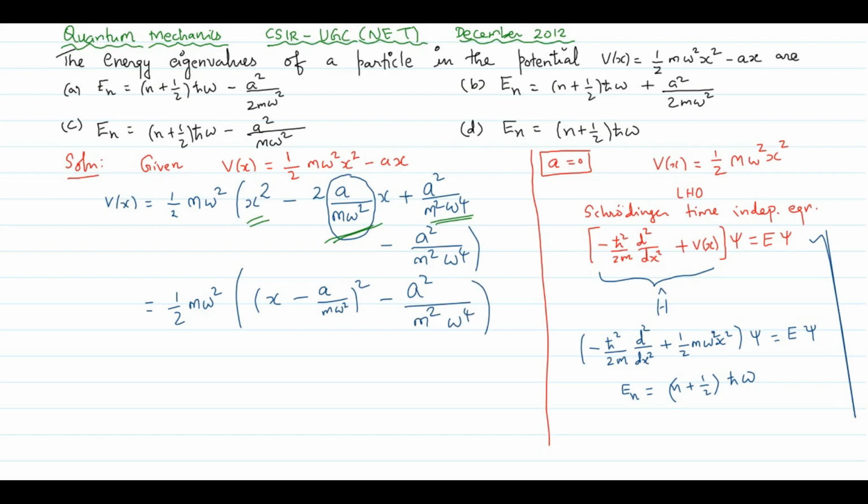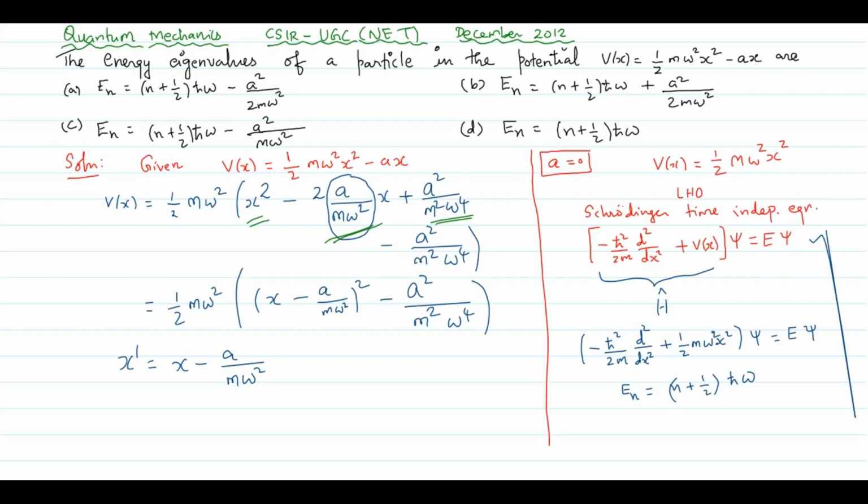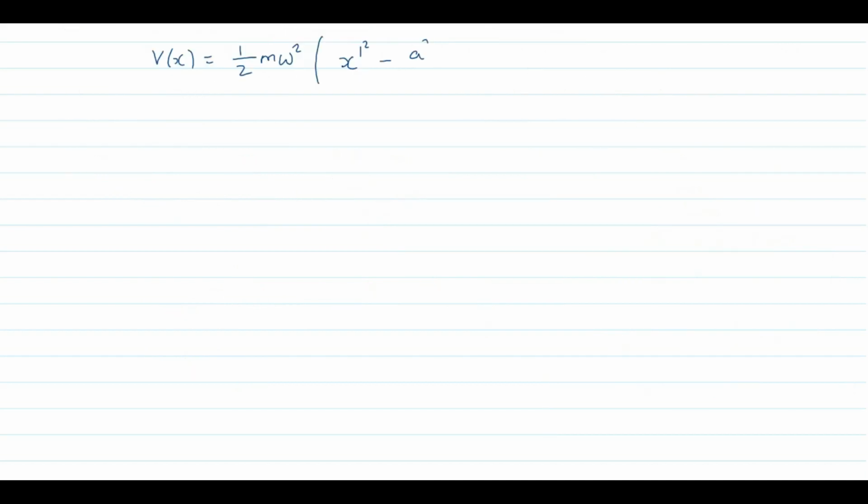So let us now rescale this variable. Let us take x prime to be x minus a by m omega square. Therefore the potential can be rewritten as V of x equal to half m omega square x prime square minus a square by m square omega power 4.